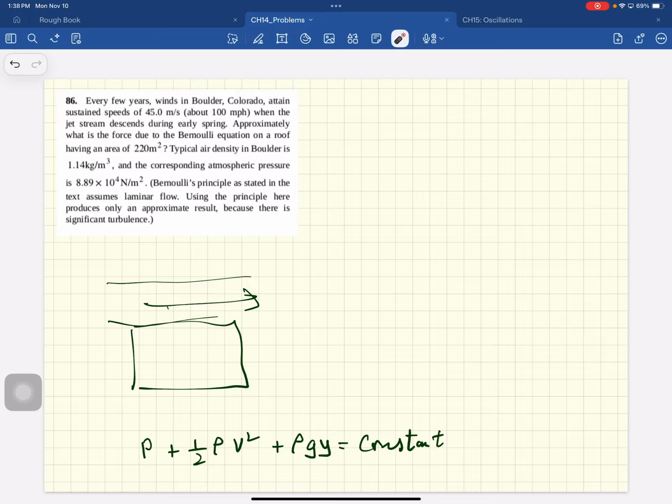The Y for this air that's blowing above your roof and inside is not changing much. So when the fluid speed increases, the pressure decreases, since the sum of these two terms is constant. So when a fluid flows faster, the pressure decreases.